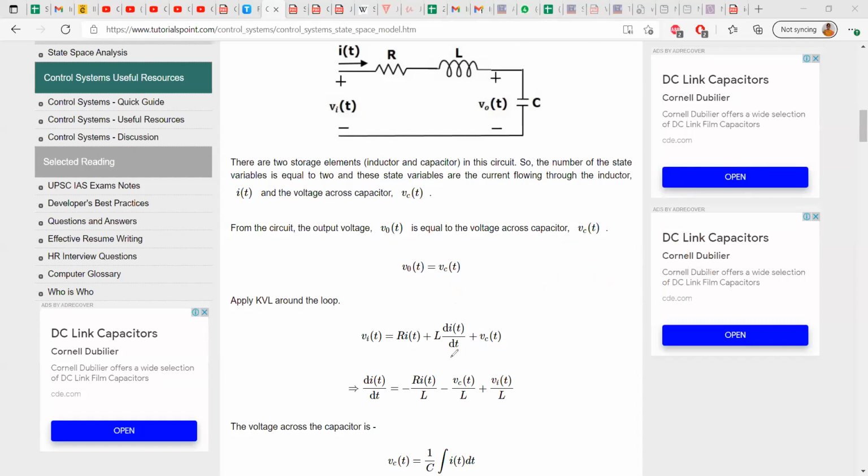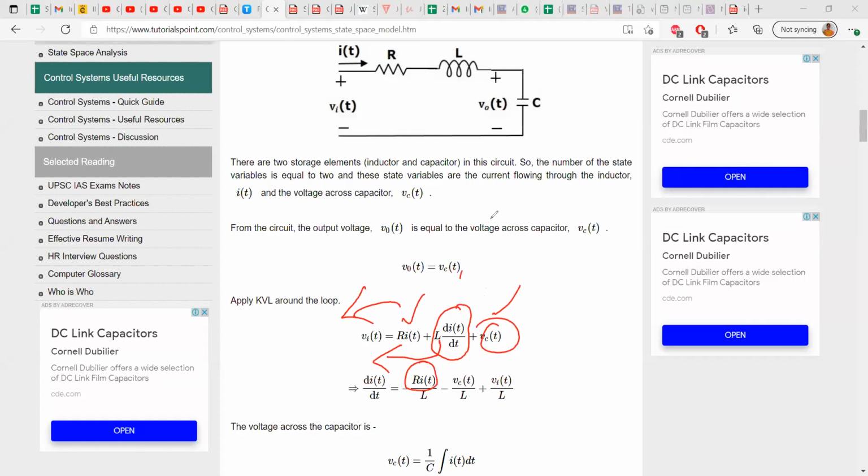So now take these terms to your left hand side. To your left hand side, you're getting minus Ri of t minus Vc of t. And take this L also to the left hand side.